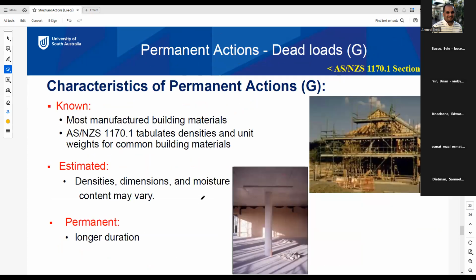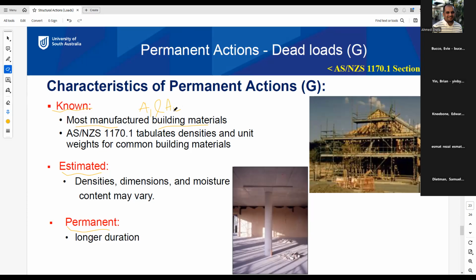What are the characteristics of the permanent action G? We have three types of dead load. First, known: most manufactured building materials. If you know the material that you will be using in the construction, you can know its self weight using, for example, table A1 and table A2 of the standard, or even as given by the manufacturer.